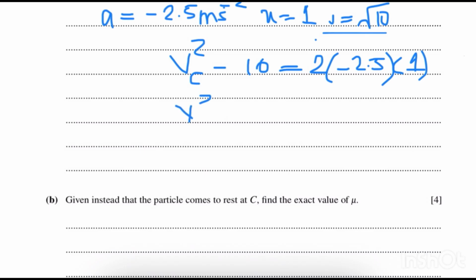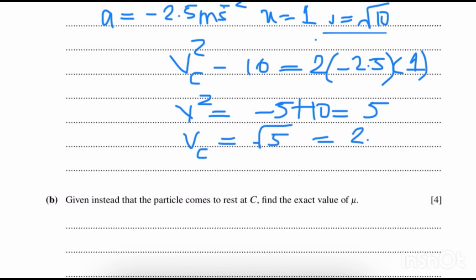That means v squared is equal to minus 5 plus 10, which is equal to 5. That means that the velocity of the particle at C is root 5, and if we simplify it further, this is 2.24 meters per second, and this becomes the velocity of the particle at C.